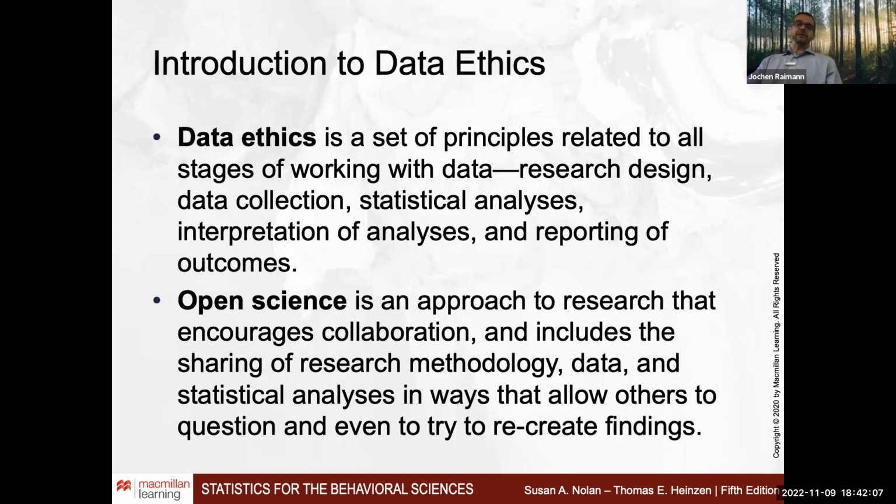Open science in this context is a rather newer tendency, but a very important one, basically to make your research very transparent, be very clear what you wanted to do before you started that research, and what you have done. That involves even publishing the code you used to analyze your data, and it goes as far as publishing the data per se.